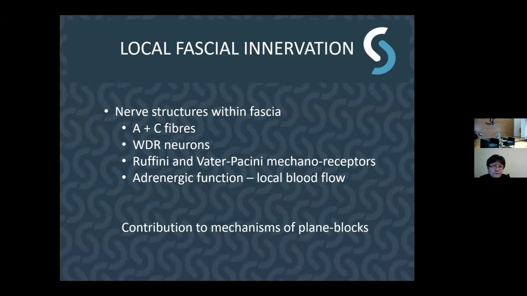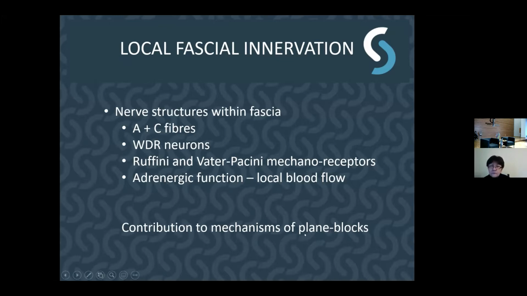And when you go into chronic pain and chronic stretching, then the mechanoreceptors and adrenergic receptors change function and can actually aid in pain transmission. So fascia can hurt. Then all of these help to contribute to the mechanisms of your plane blocks.